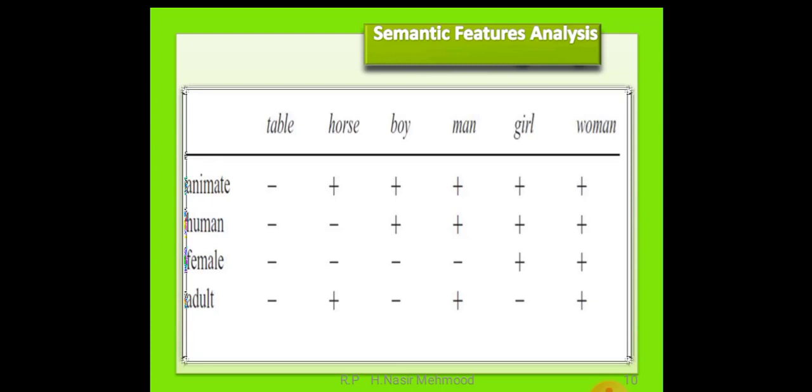Female, male: in some languages, inanimate objects may be considered masculine or feminine.